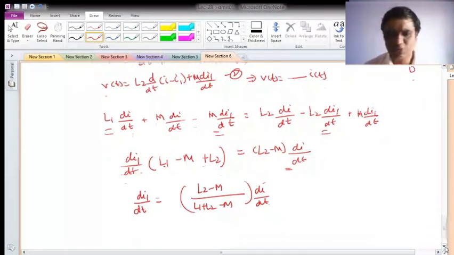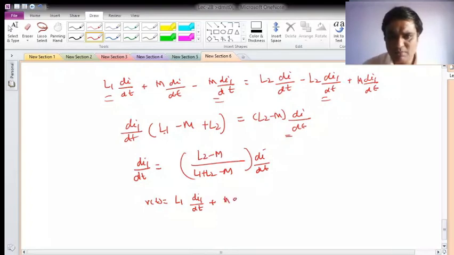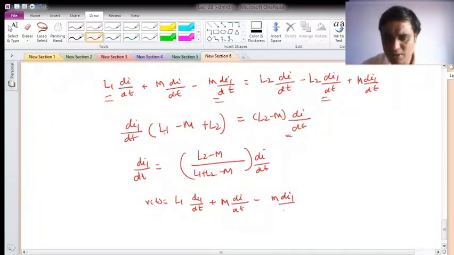Now once I know di1 by dt, I can substitute into any one of the equations. Suppose my equation is V of t equals L1 di1 by dt plus M di by dt minus M di1 by dt.